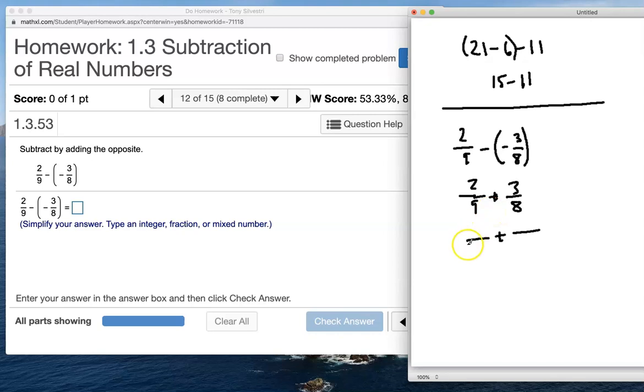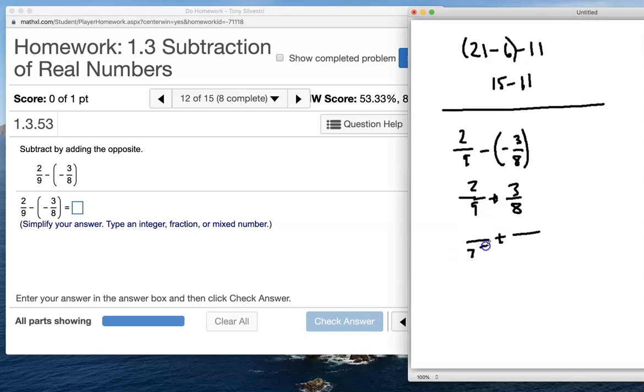I bet you 72 is the best you can do. 9 goes into 72 8 times. See, 9 had to go to 72 by multiplying by 8. You got to multiply the top by 8 to offset it. 8 goes into 72 9 times. 9 times the top is 27.